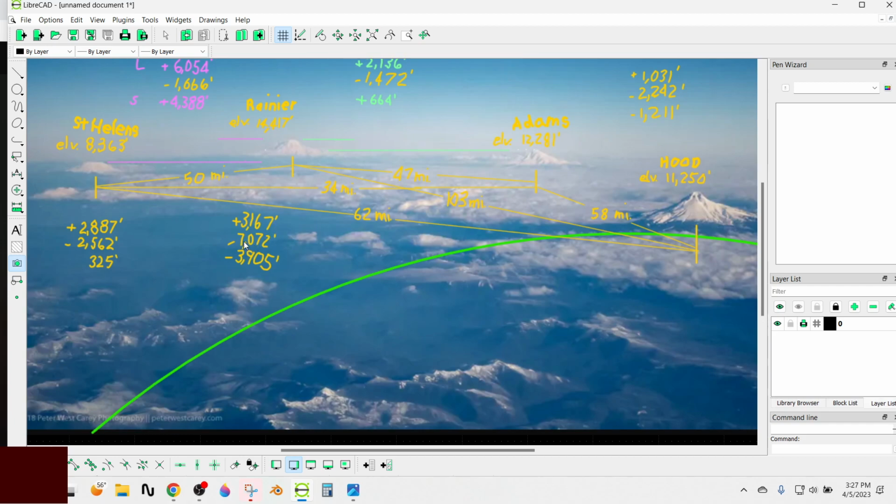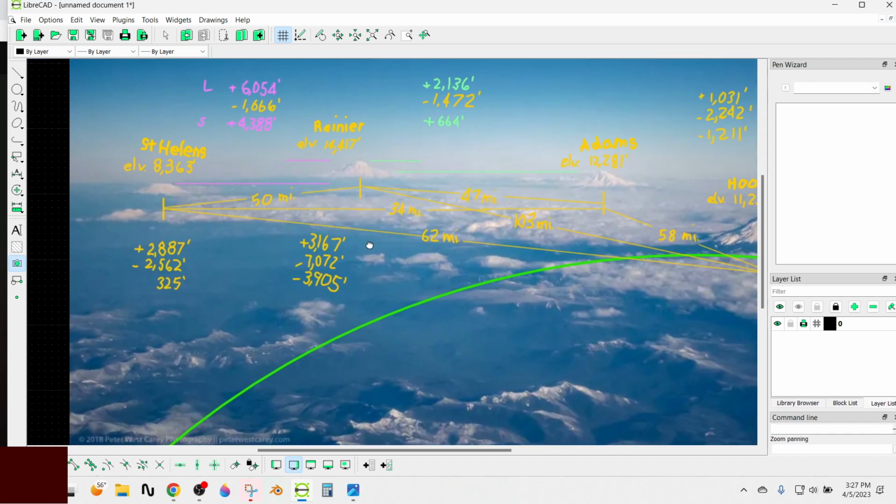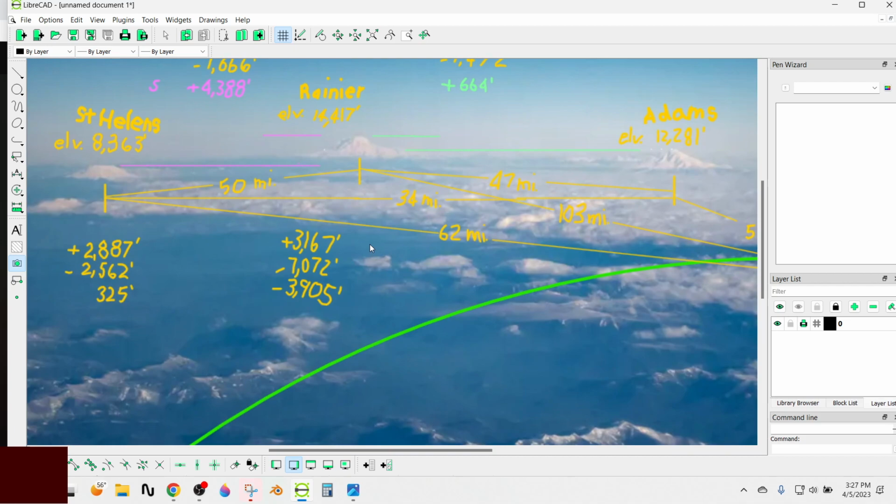You take off the 7,072 feet for the curvature drop acquired over 103 miles, and you end up with 3,905 feet of this mountain that should be shown in the distance out here. But we're not even near to what we're seeing here.